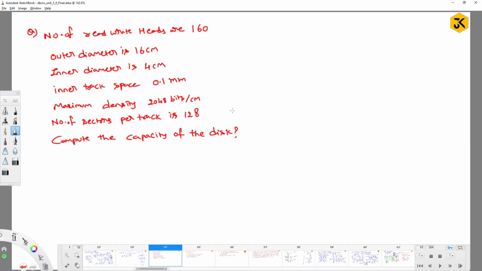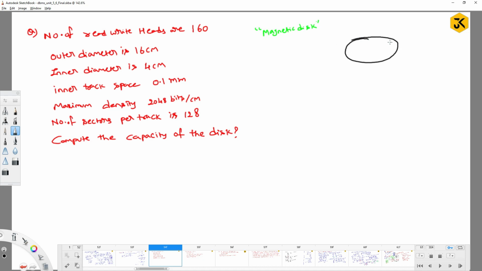So, guys, this problem is related to the magnetic disk. In the last class, we have seen a few problems regarding this magnetic disk. Basically, any disk contains a collection of platters.